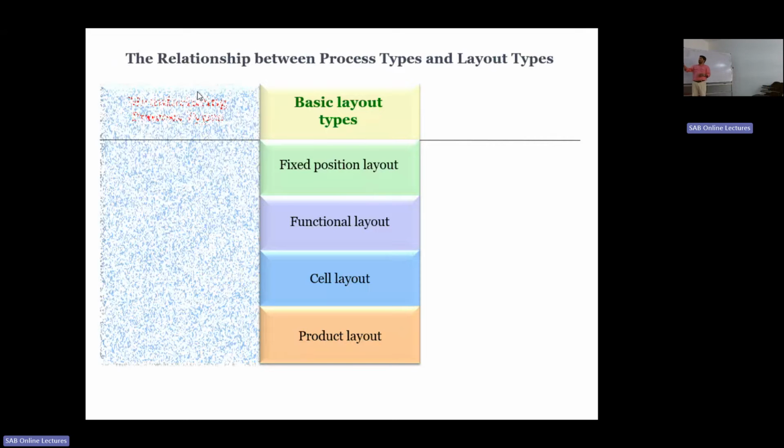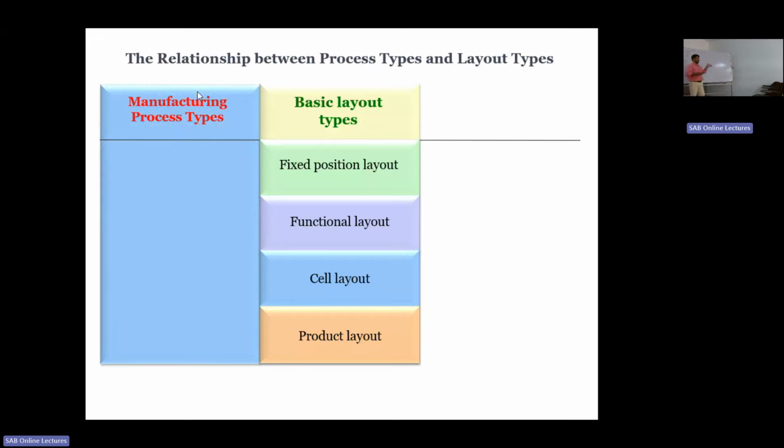Now, coming to the manufacturing process types we identified in the previous topic. Now look at the scope covered by the arrow. Right? Now, for project processes, it covers only the fixed position, which means for project processes, technically we recommend fixed position layout.